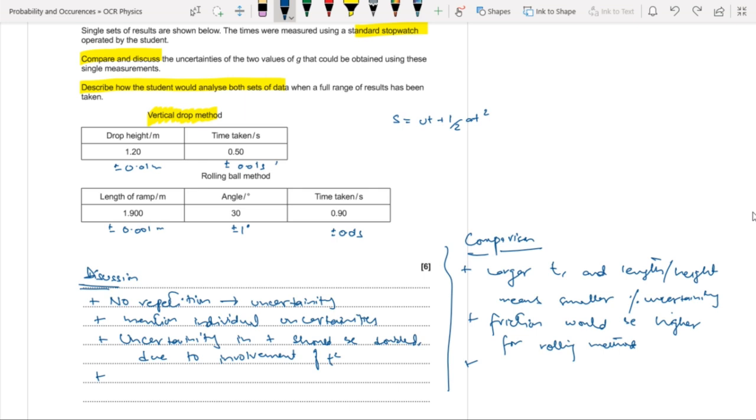Another thing is that the calculation of g using the rolling method involves a sine function. The uncertainty in the sine function itself is difficult to quantify, but the uncertainty in the angle we have already mentioned is plus minus 1 degree. So that's another way of comparing the two methods.